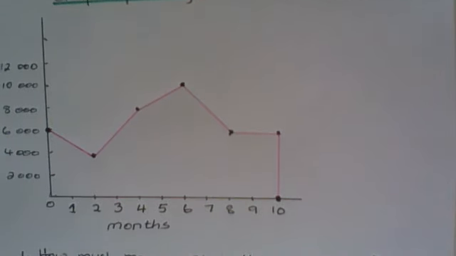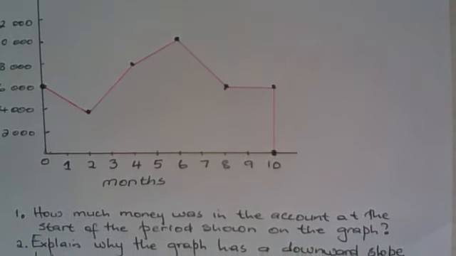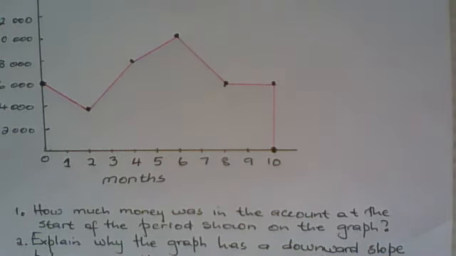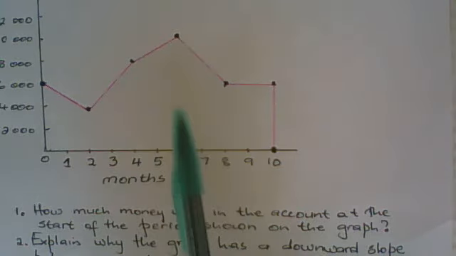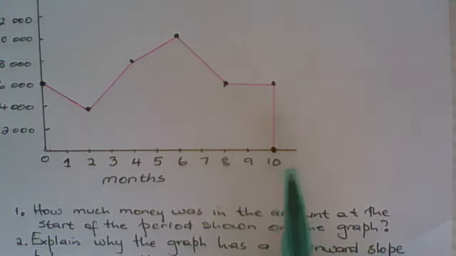Now, let us check this. The question says, how much money was in the account at the start of the period shown on the graph? Now, here is the graph, guys. Where do we start? Do we start here? No, here we have 10.